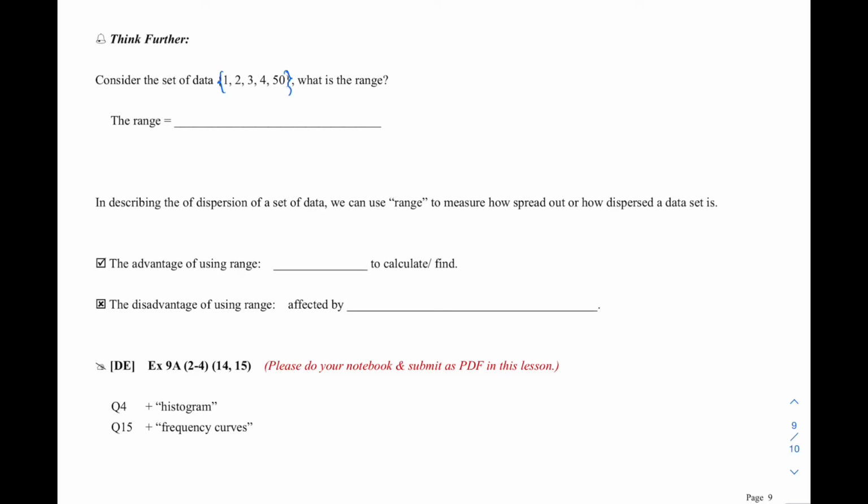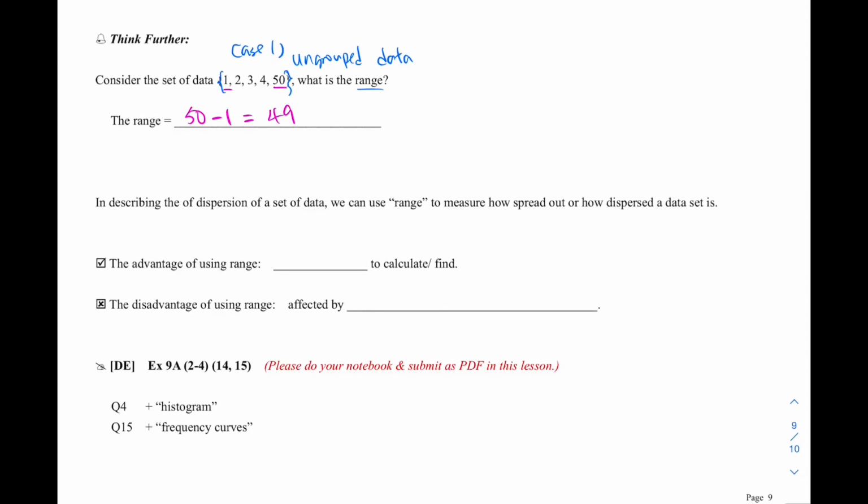For this set of 5 data, what is the range? Okay, first, this is ungrouped data. That means case 1. So you just find the highest datum, the largest, minus the smallest. So we have 50 minus 1, you got 49.